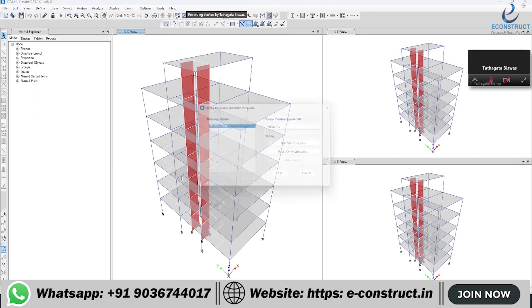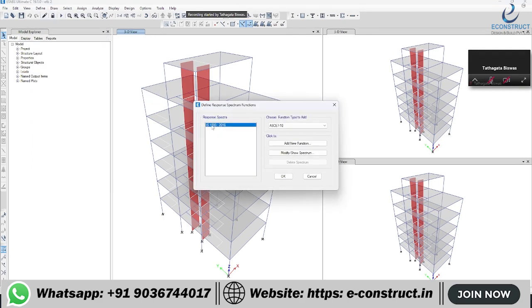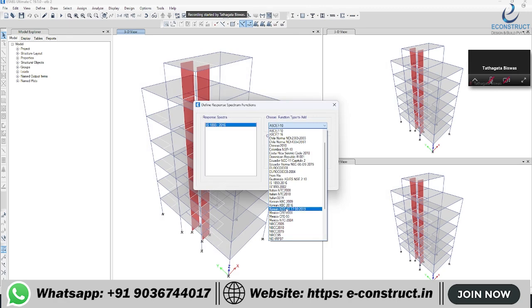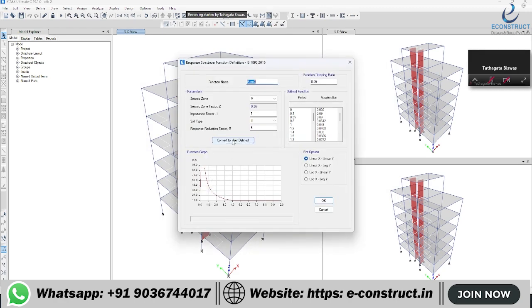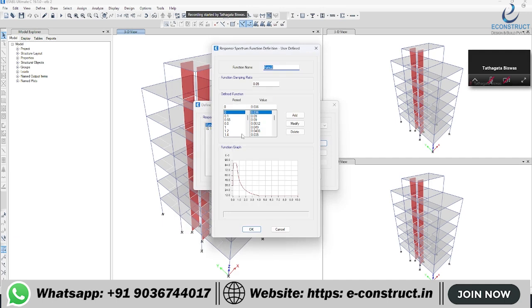So here in the function you go to response spectrum. This response spectrum is already created for the horizontal portions. Now for the vertical also we'll create a new function, IS1893 2016 add, and convert it to user defined. Here you put function z or any name you give it.